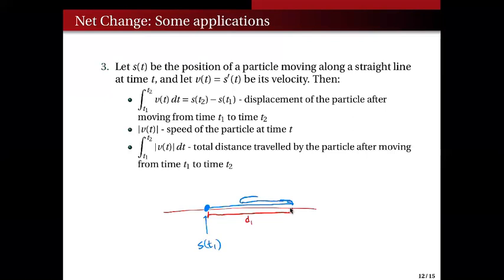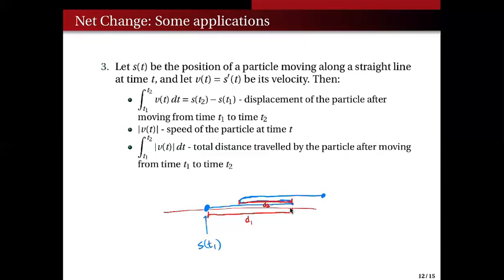So the distance from this point up to this point, you will also calculate that. Let's say that's your d sub 2. And then this is the last turn. After a while, the particle stopped here.